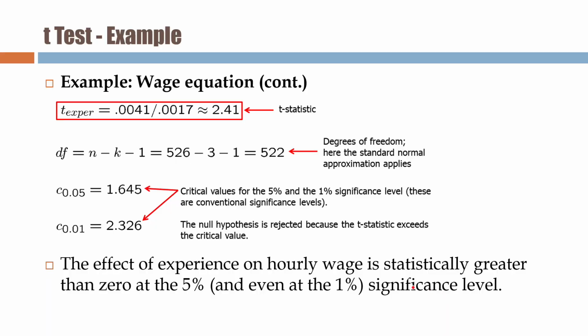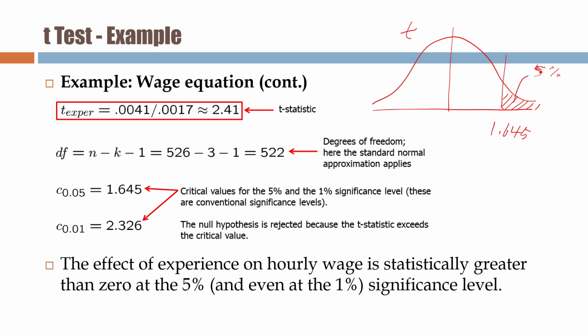As you can see here, the 5% case is 1.645. So our t is 2.41. Again, this critical t is 1.645, then this probability will be 5%.